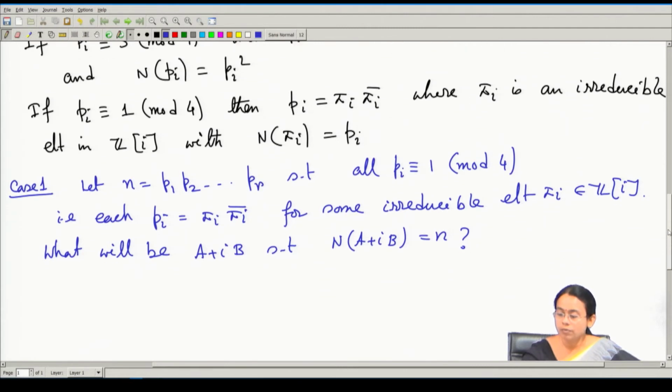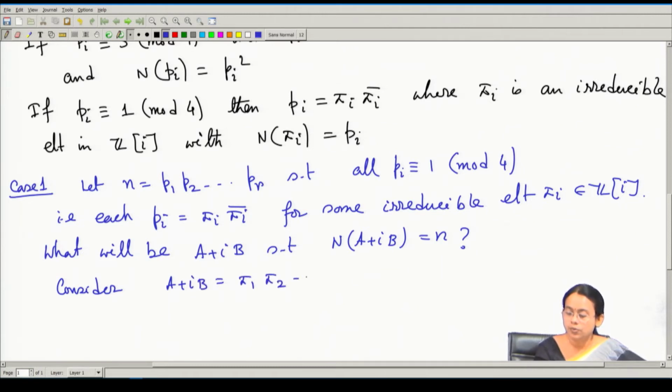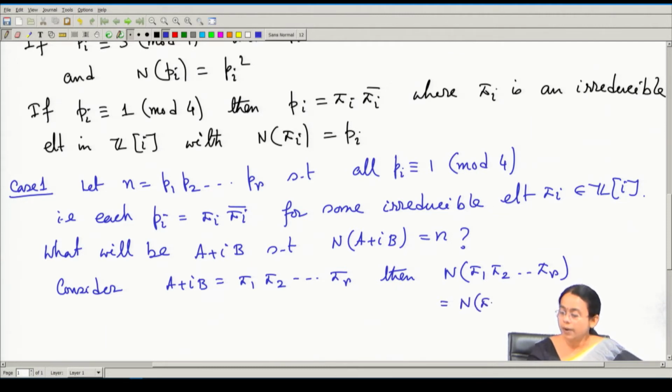You can now see that if I consider my a plus ib as pi 1 into pi 2 into pi r, in that case you can notice that the norm of this element is the norm of pi 1 into the norm of pi 2 into the norm of pi r, and the norm of pi_i is nothing but p_i.